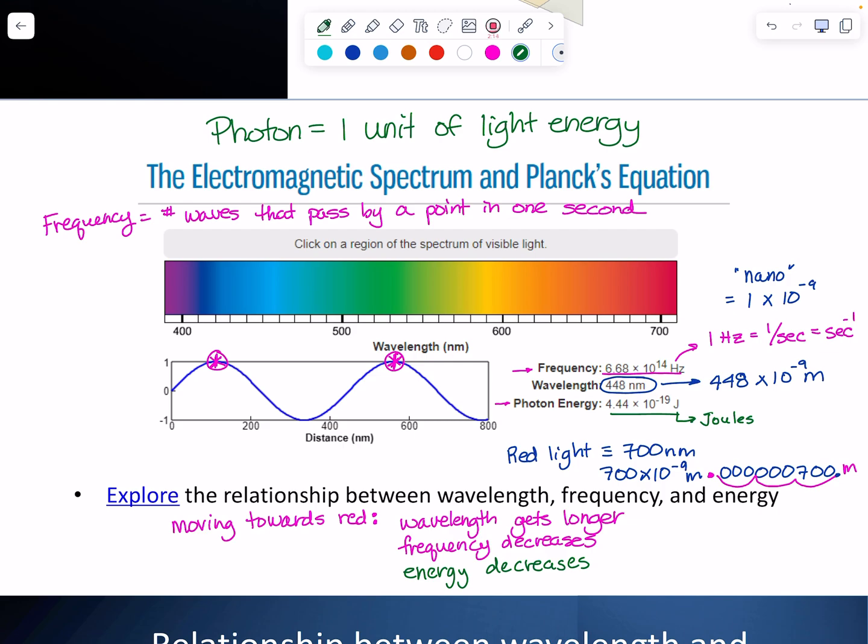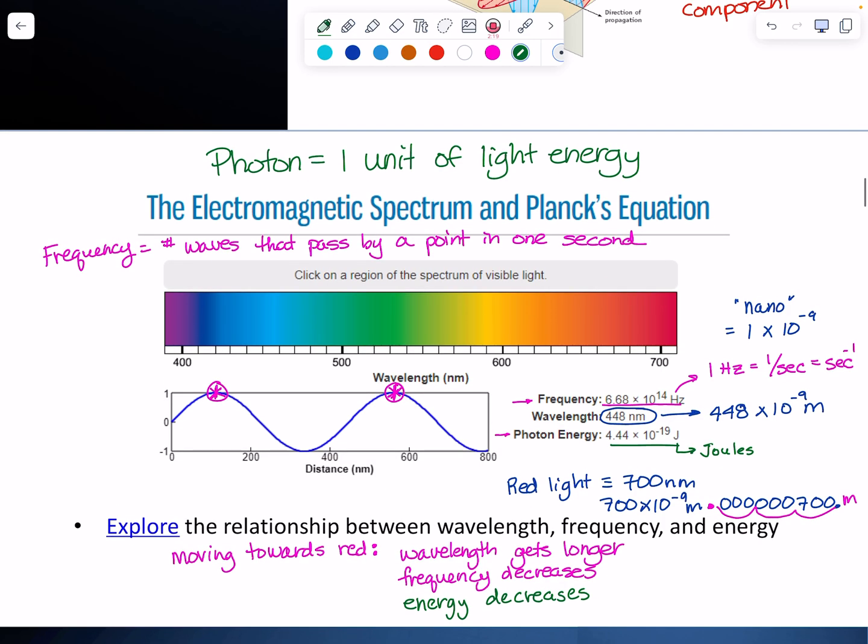The reason we can do that is if we did a full exploration of every little wavelength and what its frequency was, we would see a direct relationship between the frequency and the wavelength, and that relationship is the same for every color of light, which indicates that all light is traveling at the same speed.